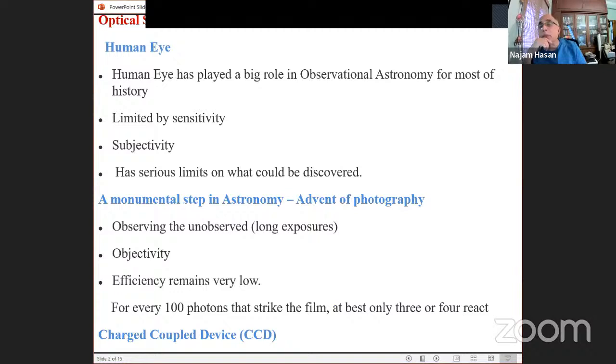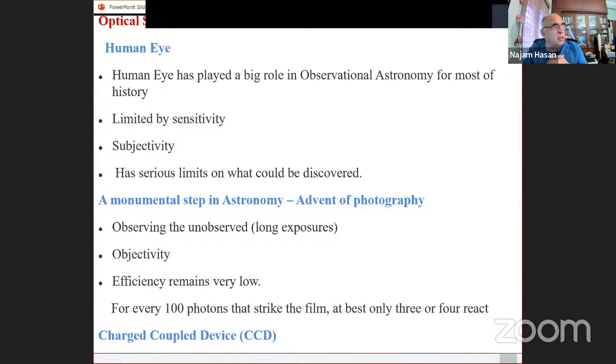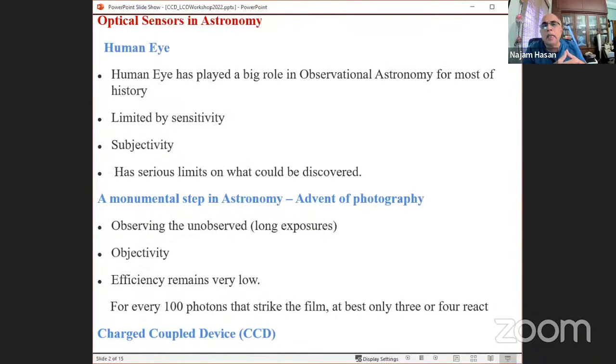A great step in astronomy was the advent of photography, and photography led to observing unobserved things which could not be seen with the naked eye. If you could take long exposures with a camera attached to a photographic plate attached to a telescope, we could image objects which could not be seen by normal eyes, naked eyes.